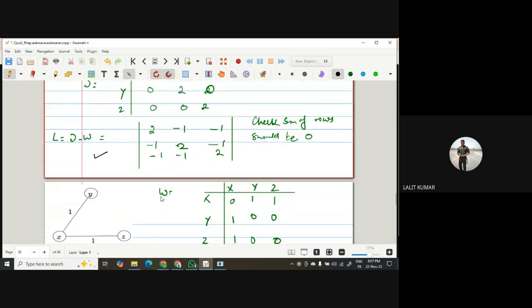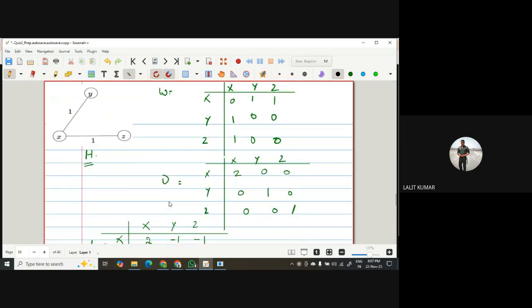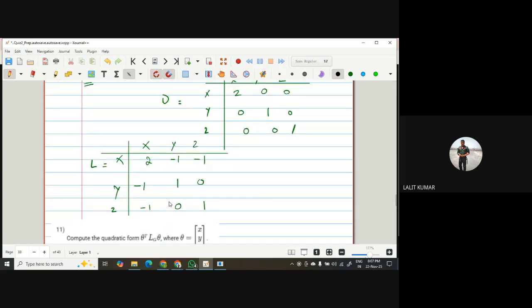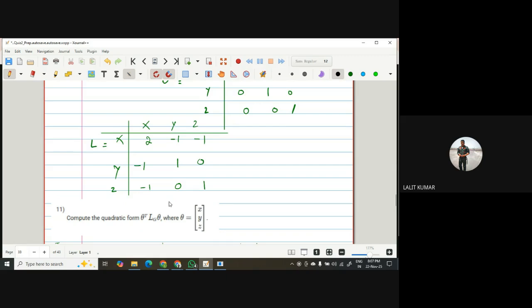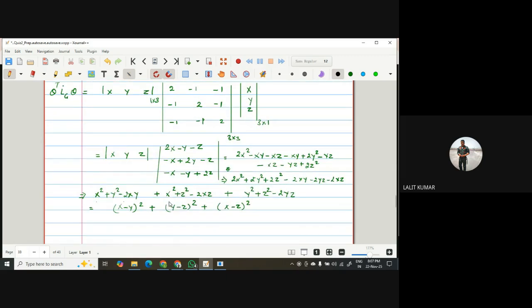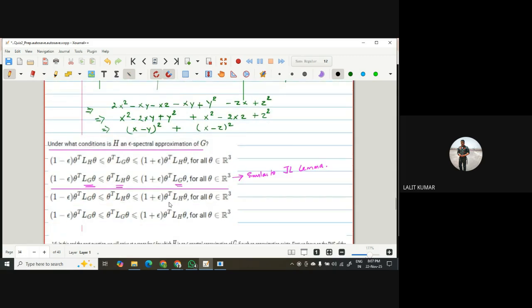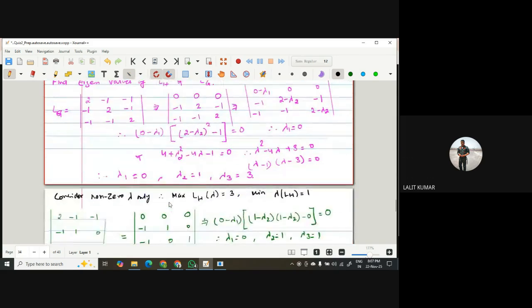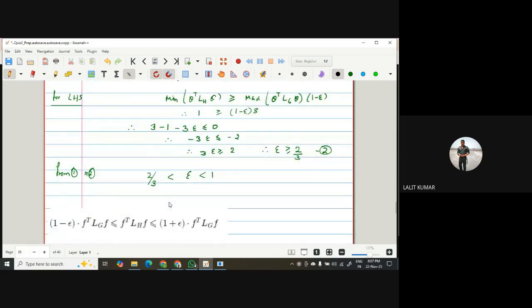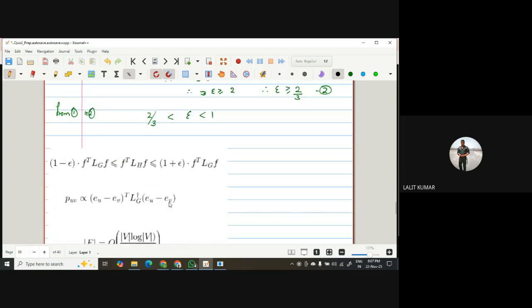What you can do is use this row property. We can do the matrix manipulation to get zeros, and then we can easily find the eigenvalues. And from the second eigenvalue, we can easily find the eigenvector.